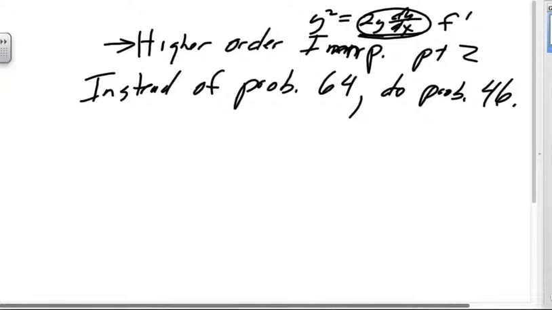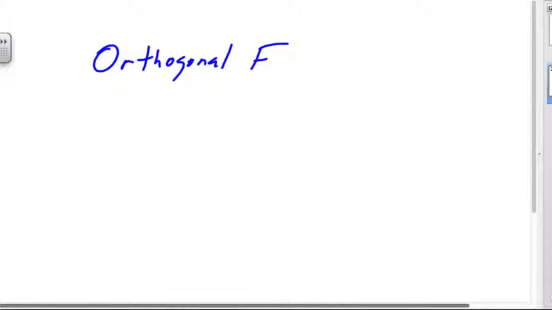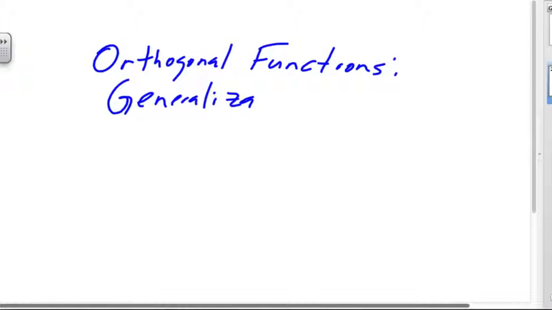Okay, before they do that, the first skill you're going to need to talk about is what are called orthogonal functions. So orthogonality is basically sort of a generalization of perpendicular.